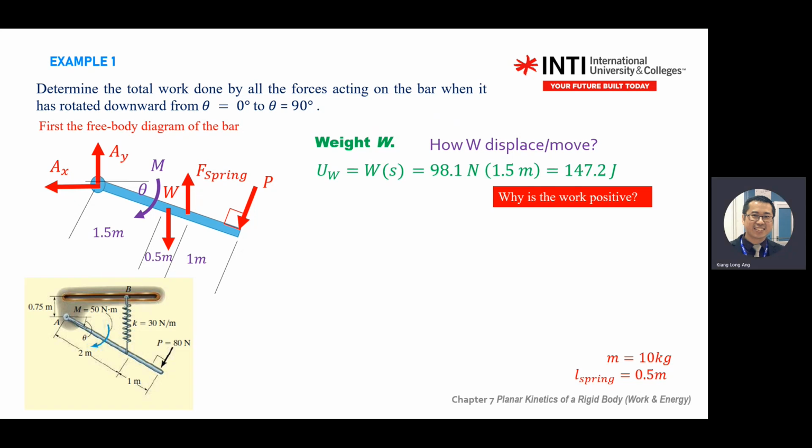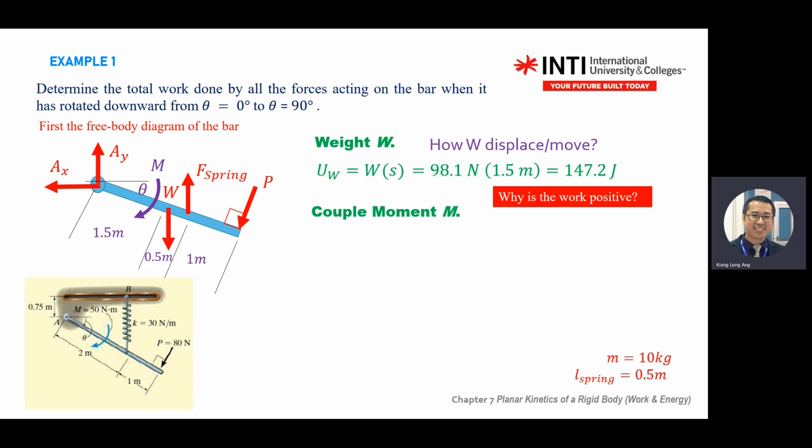Try to think how we re-engineer this question in your final exam. If we release from 90 degree to 0 degree, what happens to your work? Suppose moment M. How does a moment do work? Moment times what? Angle.